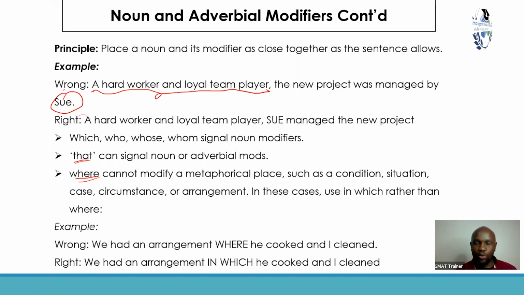There are some nuances regarding the use of modifier markers such as which, where, and that, and it's very essential that you know in what circumstances they're used. One canon principle: if a sentence calls for the use of that, then it is indispensable where it appears. So maybe you had a sentence correction question that has that, and some of the other answer choices omit that marker; those answer choices are most probably wrong.